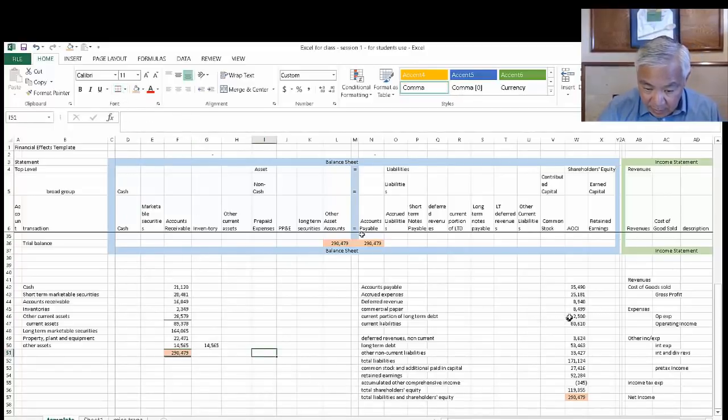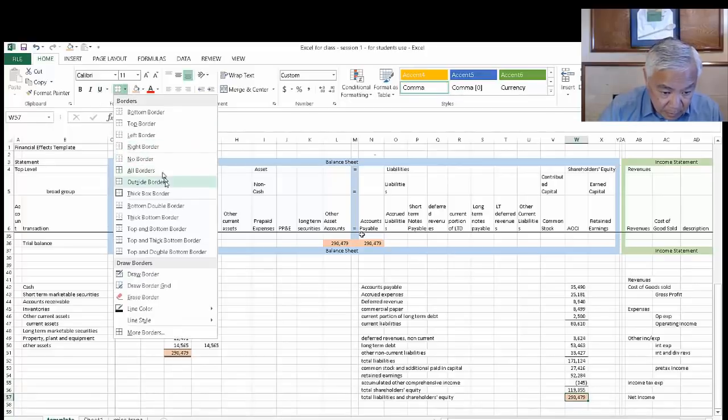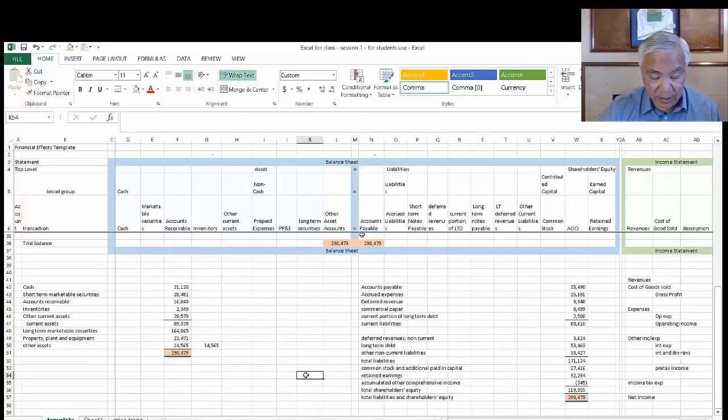On liabilities, we have current. We're going to underline that. And we have non-current or long-term, underline that. And we have equity, underline that. And the bottom line, we'll do double. So this is in better form.